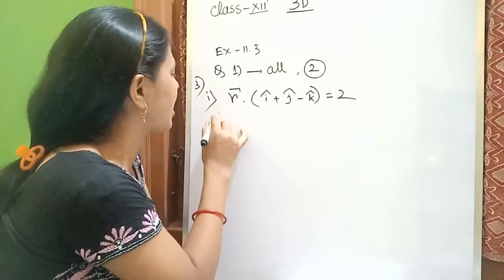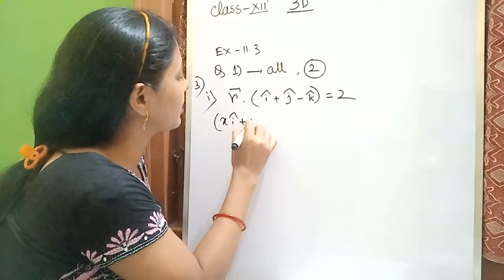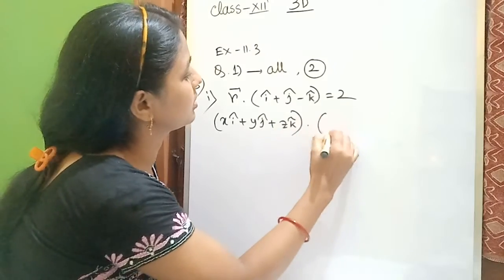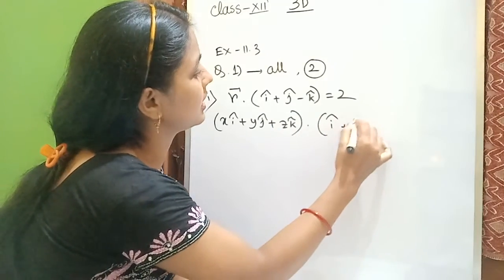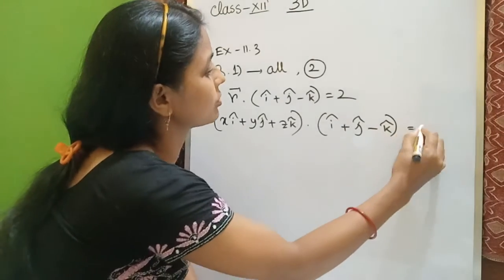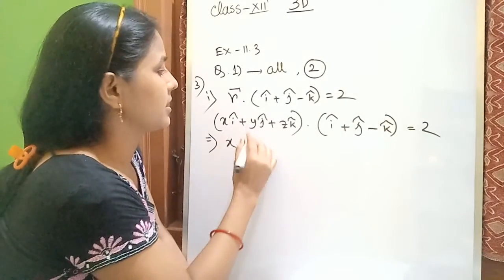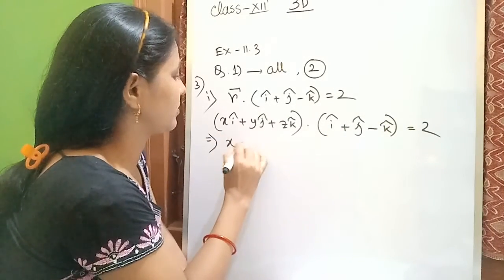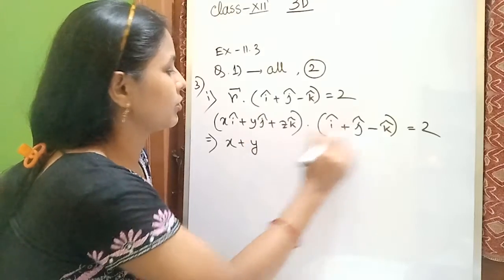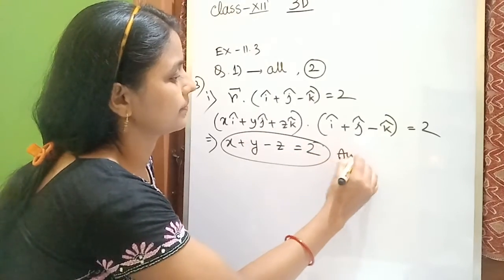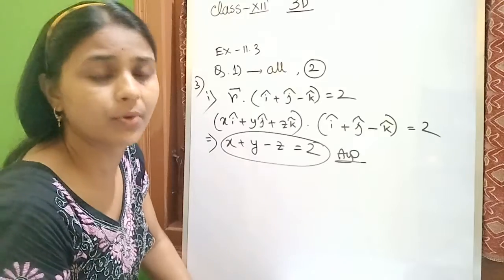In place of r you write xi plus yj plus zk dot this one, i plus j minus k, equals 2. Then just a normal dot product. So it's actually x into 1, that means plus y, and z into -1, that is minus z, equals 2, and this is the answer. This is the required Cartesian form.